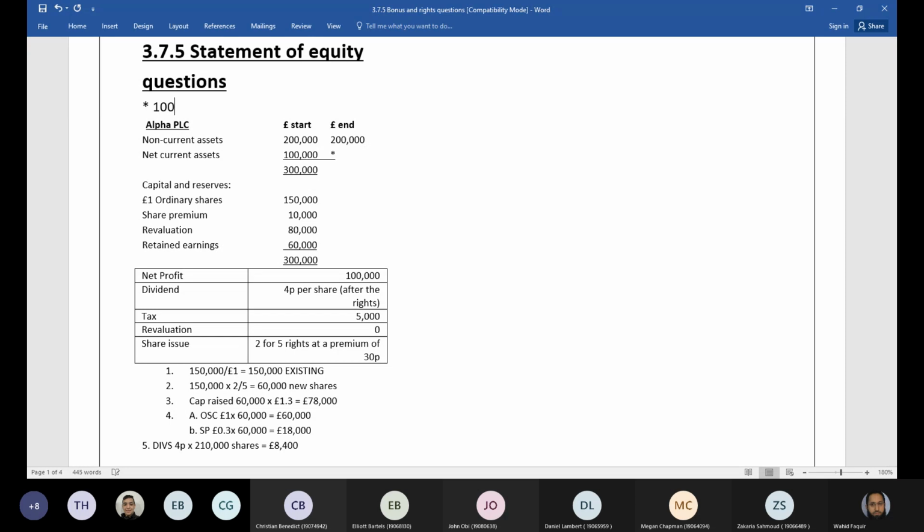We're starting off with 100,000. We raise 78,000. That goes straight into the bank. Owe tax, and we owe for the dividends.